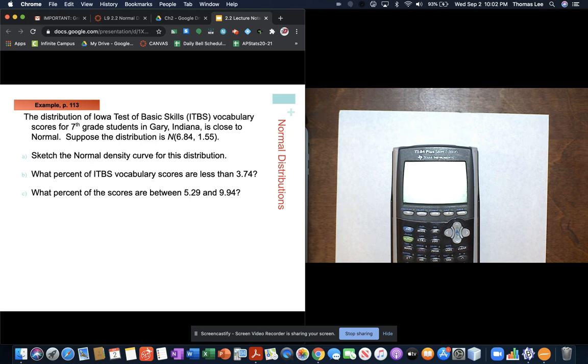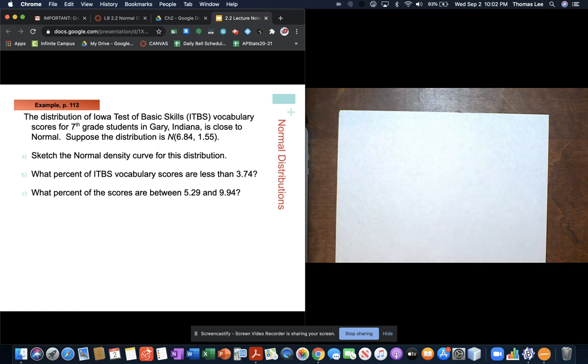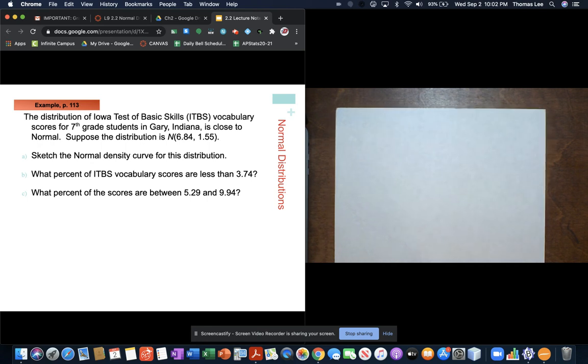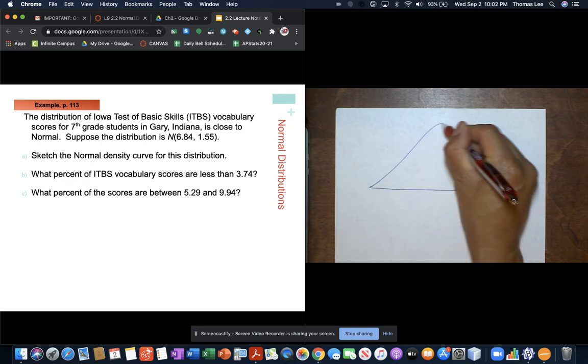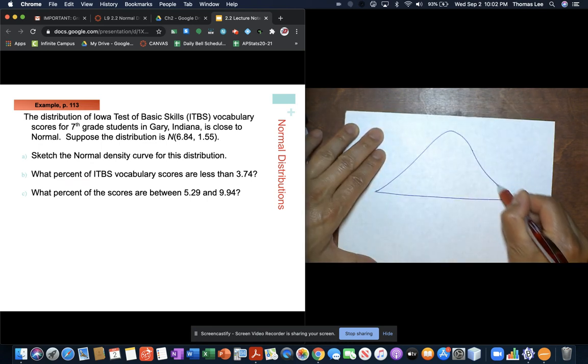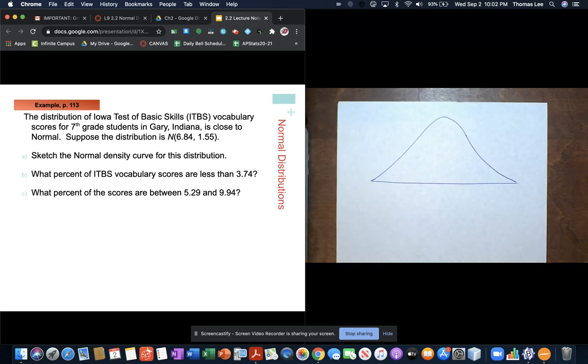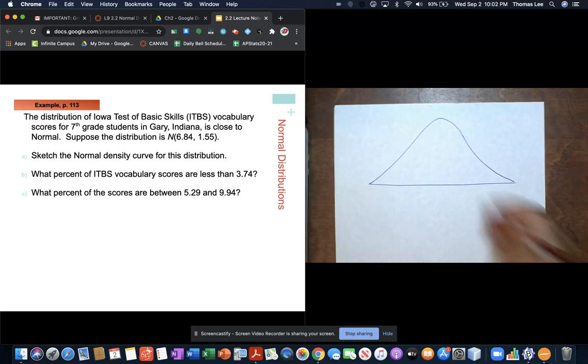So suppose the distribution is normal, capital N means normal, with a mean of 6.84 and a standard deviation of 1.55. The first thing is let's sketch. It's a sketch, so it doesn't have to be perfect. There's my x-axis, and there is my density curve.